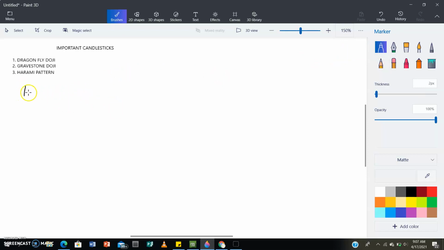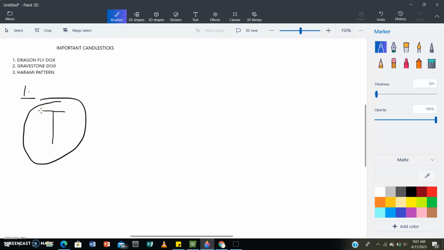So number one, we're going to talk about the Dragonfly, right? The Dragonfly has a simple structure like this. This is what is called a Dragonfly. It looks like a T, but it's not. It's just a candlestick. It's just a bullish candlestick formed when the open and the close price are the same or almost the same. So here is where we have our open and close price, right?